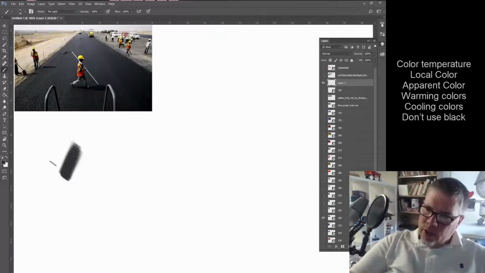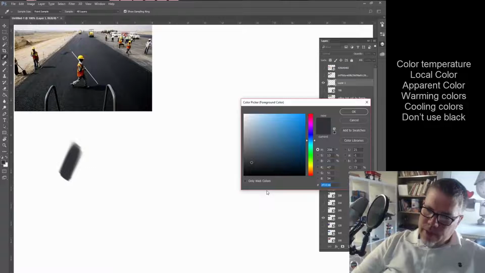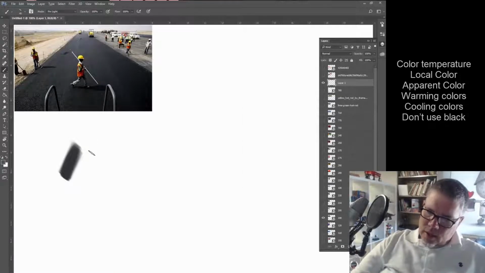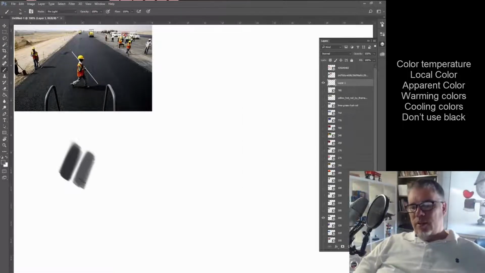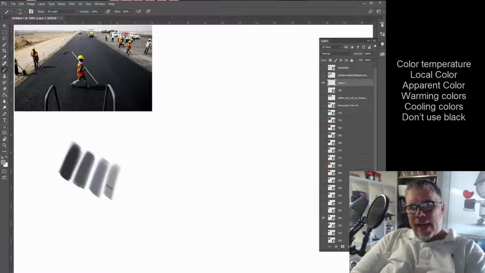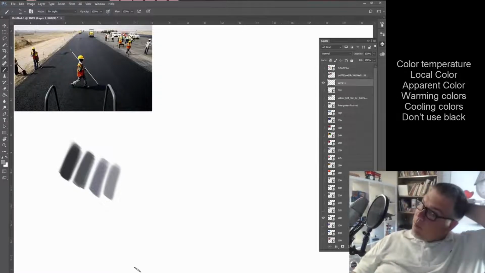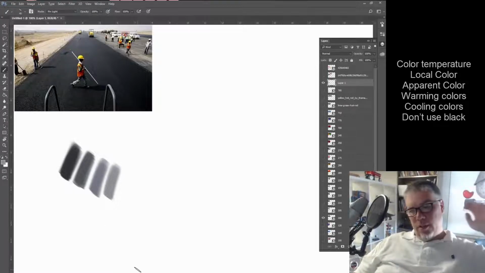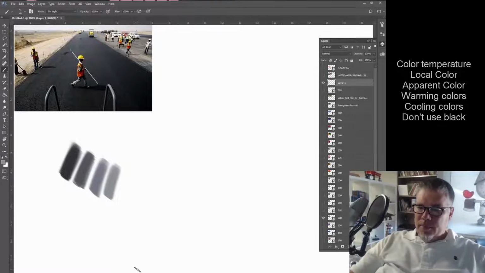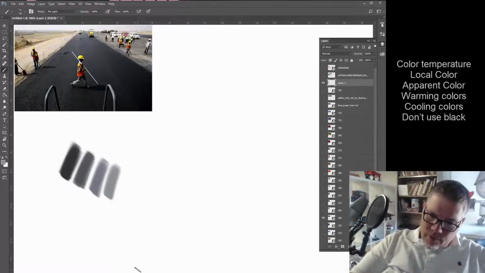But if we look and we start to see what happens when we go off in the distance, all of a sudden the light is influencing this blacktop, and we can see that local color is constantly changing. So we know that the substance of the blacktop is black. And if you've ever seen it come right out of the machine, it really is. It's basically as black as something can get.